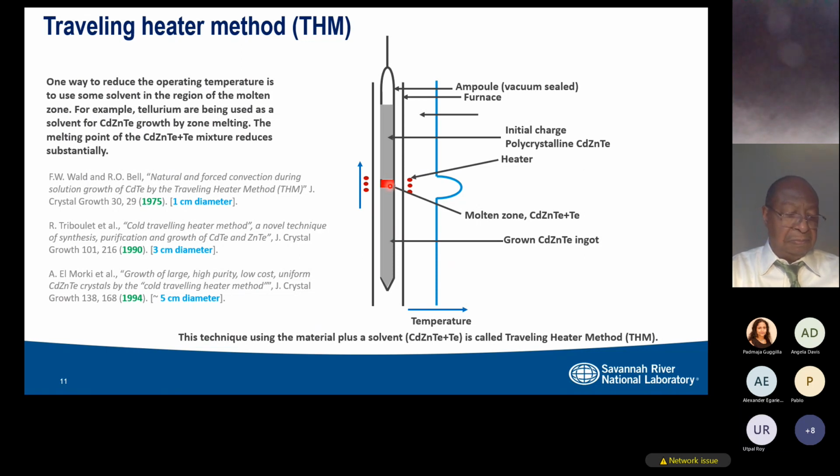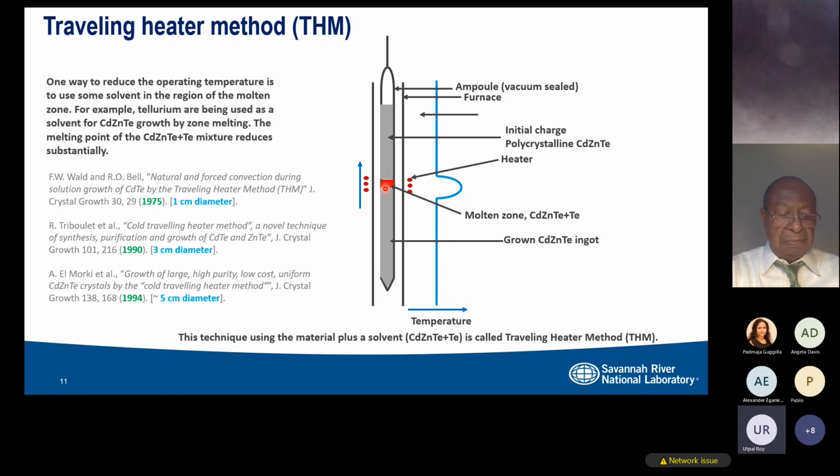Now, if we move the heater, this is a heater, upwards or pull the ampule downwards, what happens? Since the temperature is higher here and lower here, it will dissolve some excess material from the upper cadmium zinc telluride ingot, and then the extra material will be deposited near the bottom of the tellurium-rich molten zone.